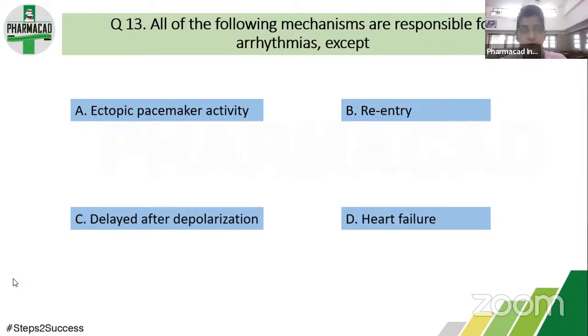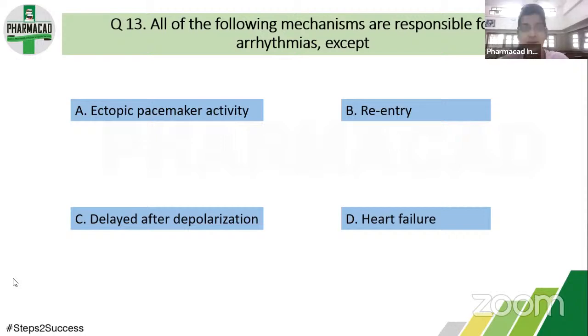If you know your arrhythmia well, the major mechanisms that are responsible for arrhythmias include ectopic pacemaker activity. That is, your AV node, Purkinje fibers and bundle of His are ectopic pacemakers, other than your main pacemaker. The main pacemaker of the heart is the SA node.